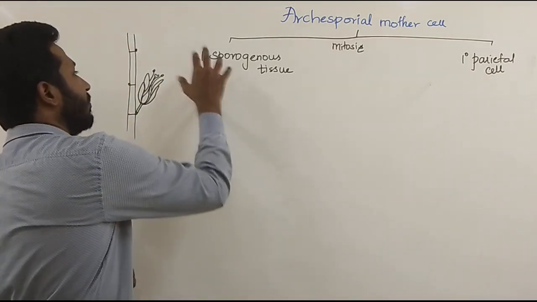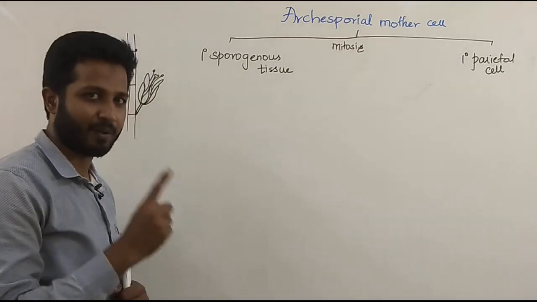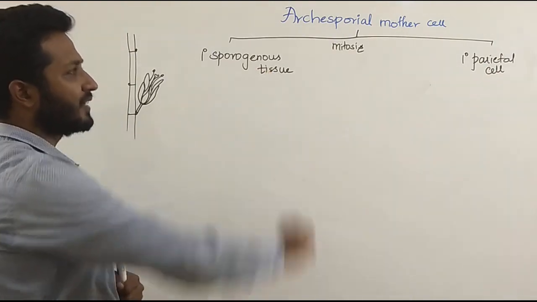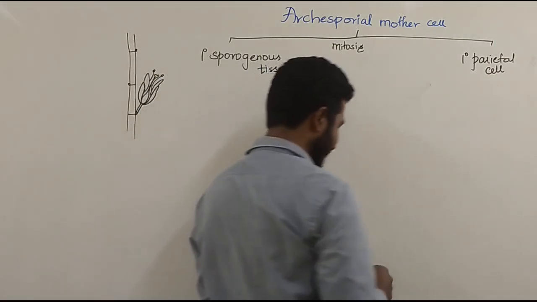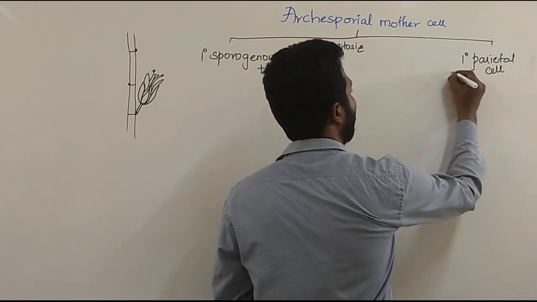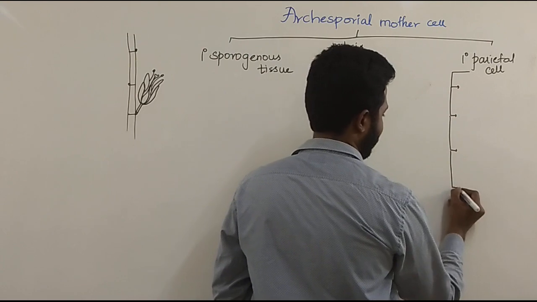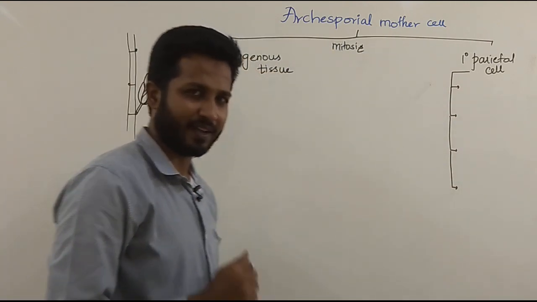Now, this sporogenous tissue is the one which is going to form pollen grain. If you remember, in the cross section of anther we already discussed, what is the function of the primary parietal layer? This primary parietal layer is the one which will form the 4 wall layers of anther. Can you specify which are the 4 wall layers of anther?